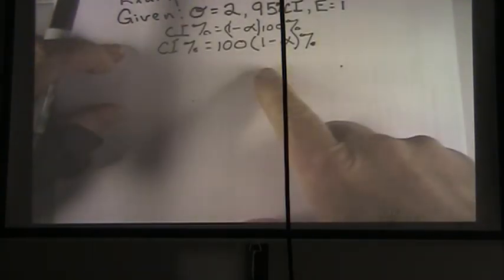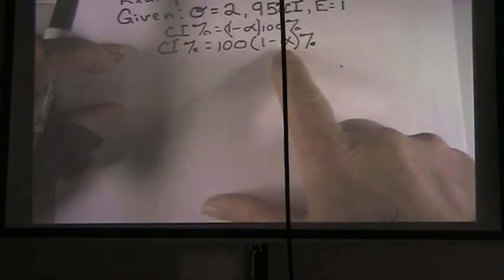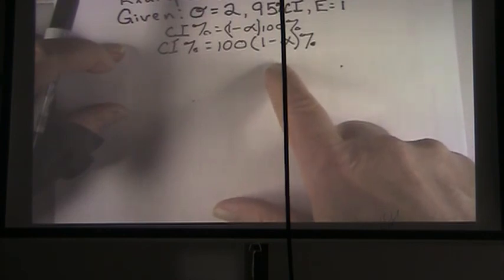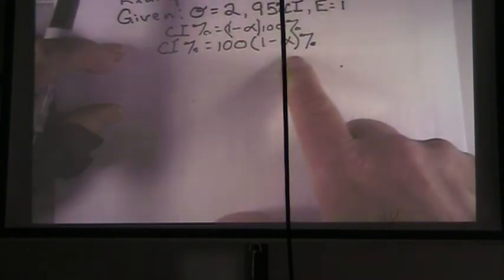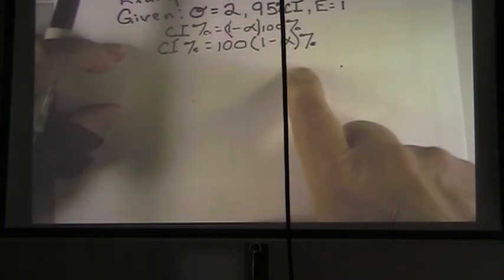All right, so what do I do with that? Well, what I want to do is find my alpha, which allows me to find my alpha divided by 2, which lets me find my z alpha divided by 2.